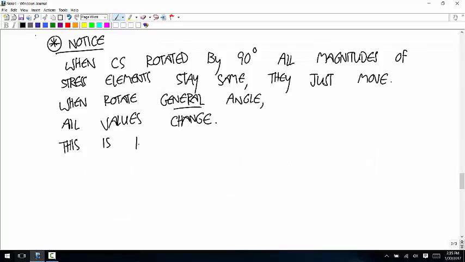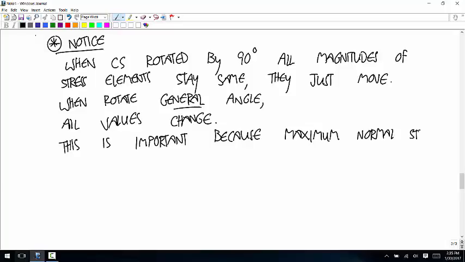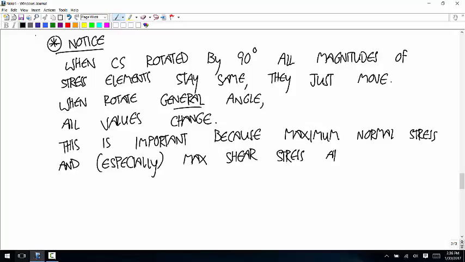So this is important because the maximum normal stress and especially the maximum shear stress are used to predict failure.